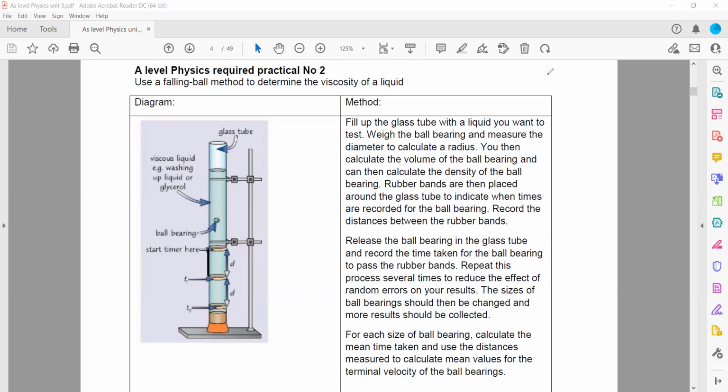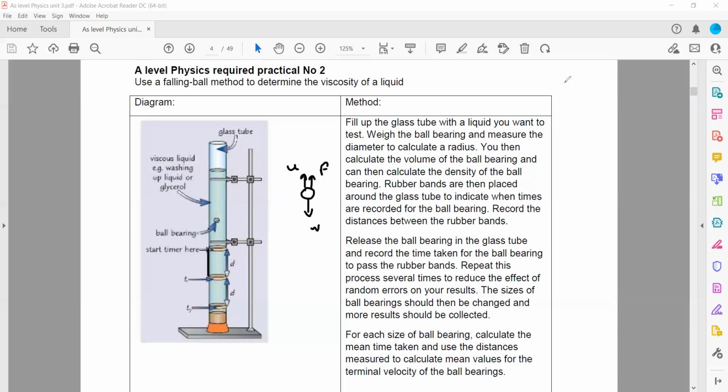because we are using the formula which relates the viscosity and terminal velocity. When the object does not experience any resultant force, at that time it will move with a constant speed. As it's a falling object, the weight is acting downward, the upthrust is acting upward, and the viscous drag force is also acting upward. When all the forces are balanced, the object will continue to move with a constant speed, the terminal speed.